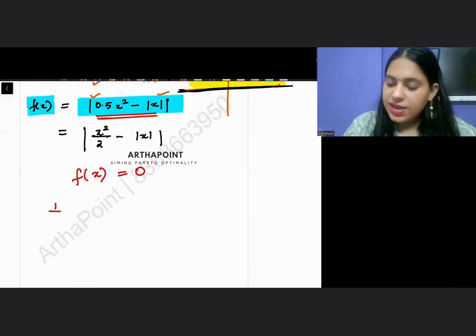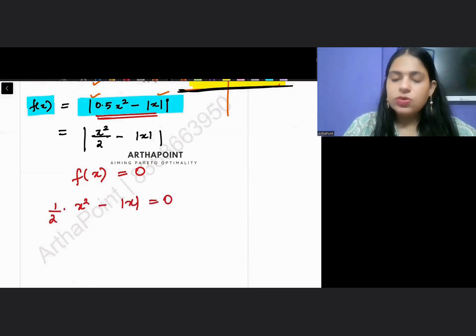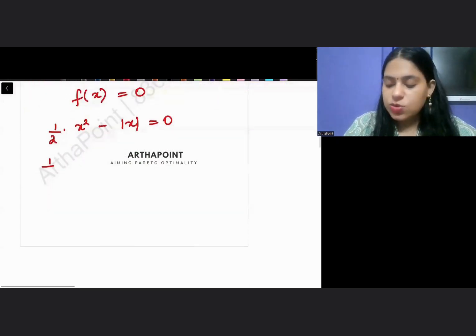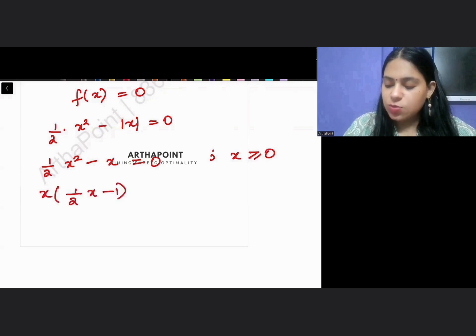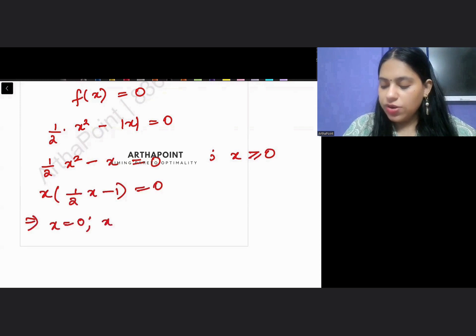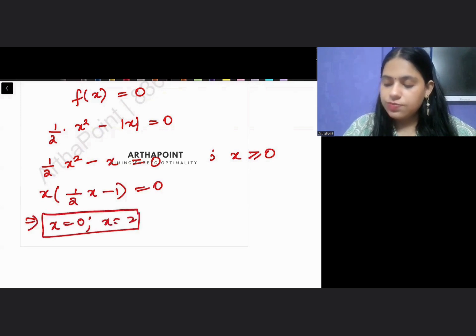So if you see this, I have half x square minus mod x equal to 0. So I will get half x square minus x equal to 0, opening mod x as long as x is positive. So this will give me x times half x minus 1 equal to 0, so either x is 0 or x will be 2.